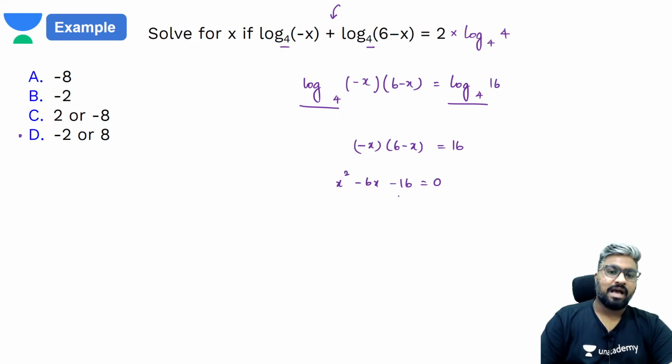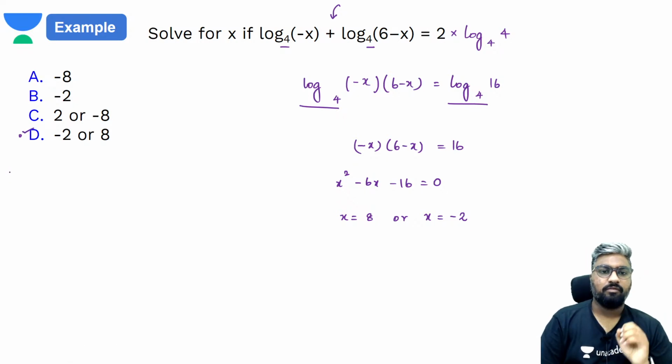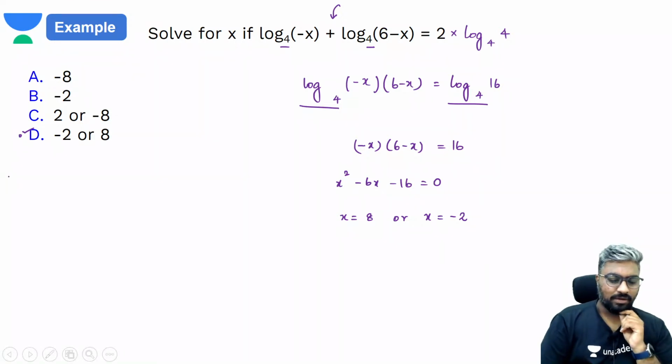So you have 8 and 2. X is equal to 8 or x is equal to minus 2. Correct? And everybody rushed into selecting D. Very good, super, beautiful, wow. But I have a question for you.